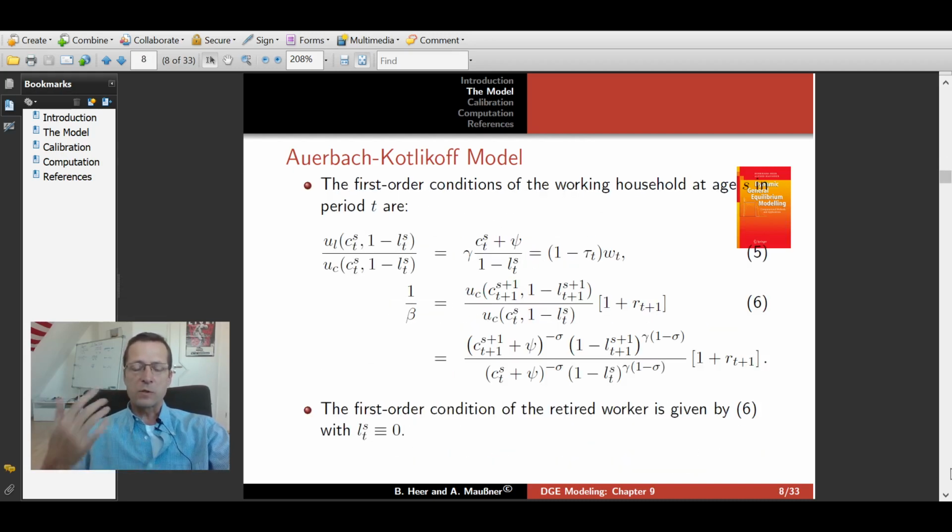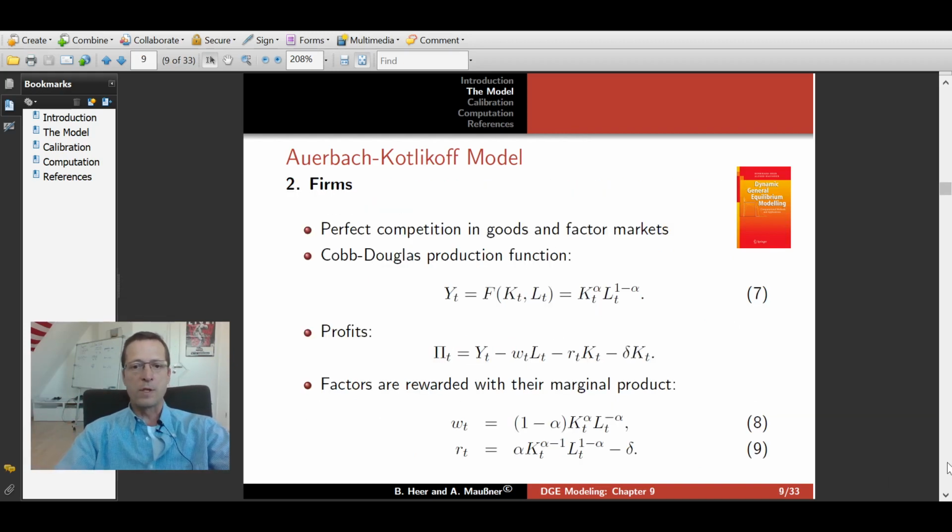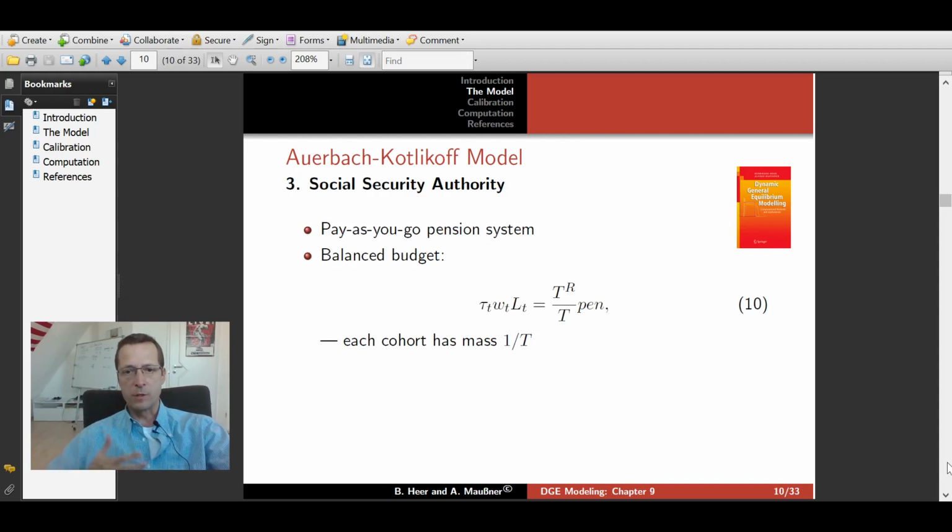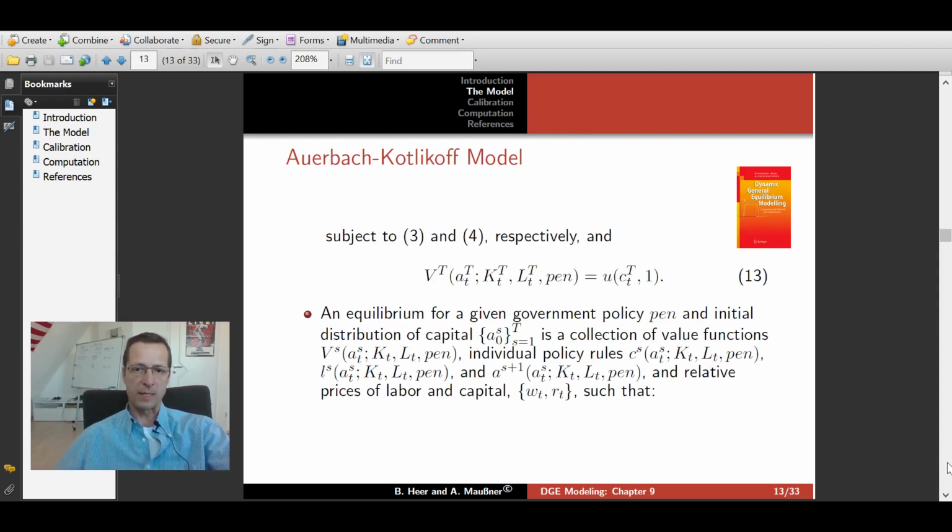As a consequence, we have eliminated 60 variables, consumption, and are only left with 99 variables, which are the individual wealth levels and the labor supply.